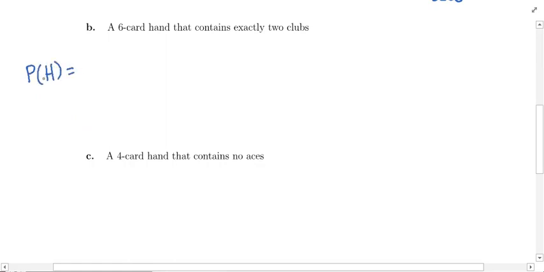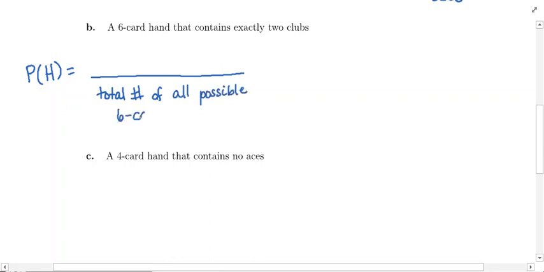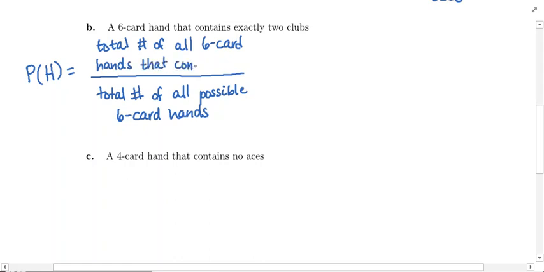For the probability of this particular hand, the denominator is going to be the total number of all possible 6 card hands, and then the numerator is going to be the total number of all 6 card hands that contain exactly 2 clubs.